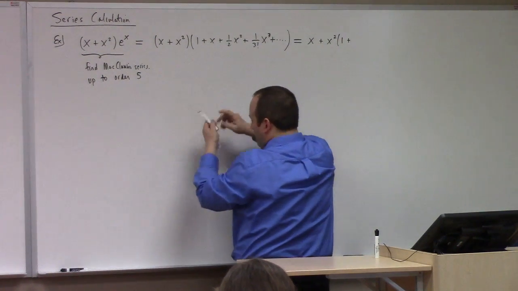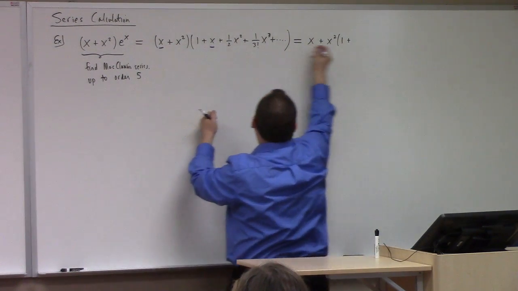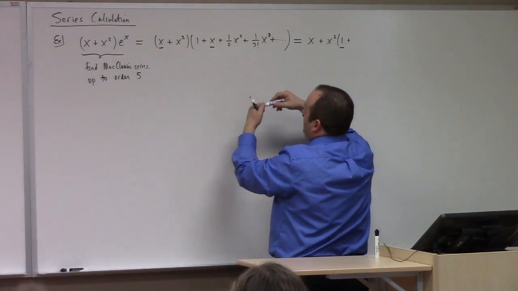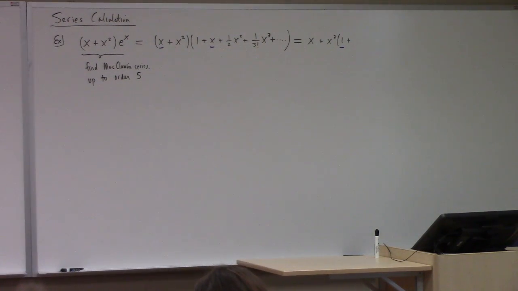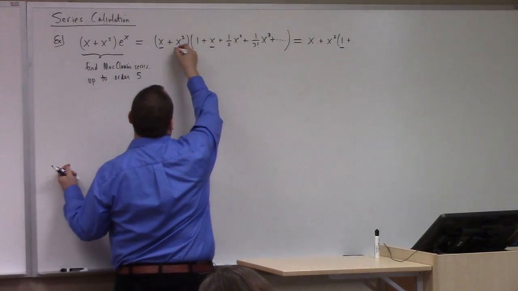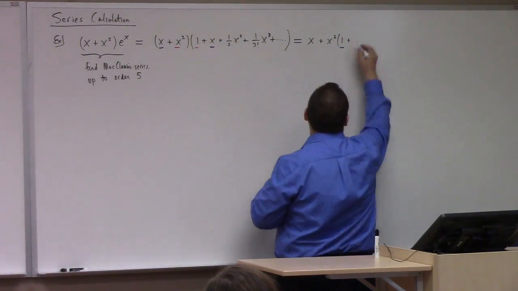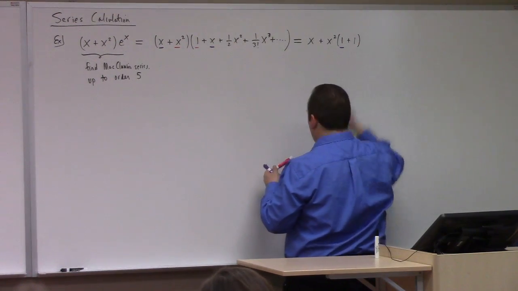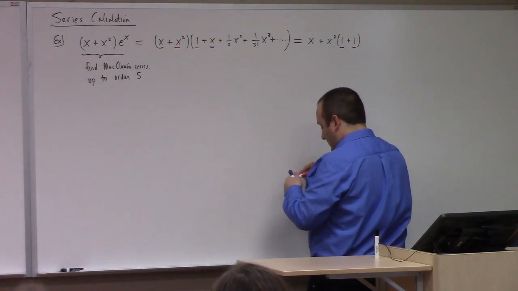Let me use some color coding to explain what's going on here. The first one is coming from x times x. The other one is coming from x squared times 1, so this also gives me a 1. Is there any other way to obtain a quadratic term?